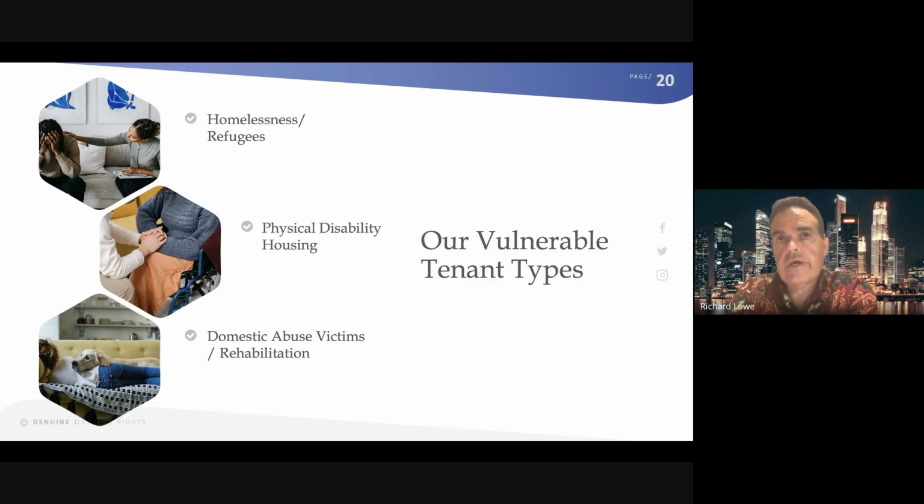Maybe I should clarify that the difference between social housing and supported living is that people who are purely going into social housing, it's usually because they've fallen on economic hard times and they just cannot afford to rent in the private sector. And if they qualify, the government will provide social housing. The difference with supported living is that these are the kind of people that need social support.